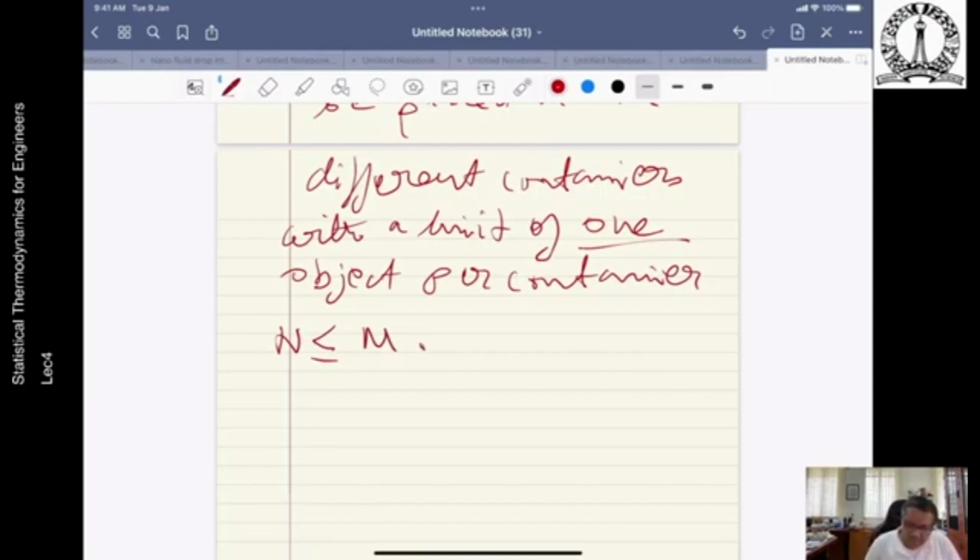What happens here? The first object can be placed in any of the m containers. The second object can be placed in m-1 containers. The third object can be placed in m-2 containers.